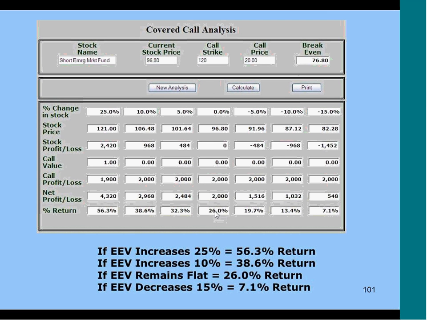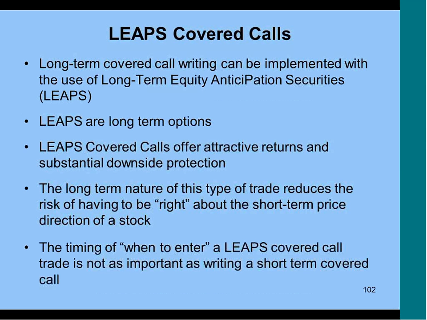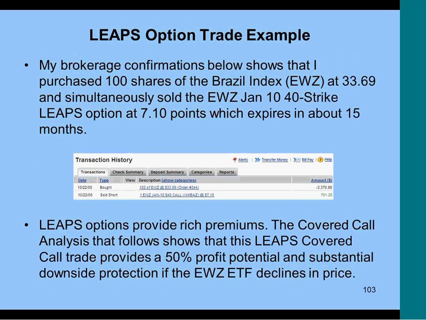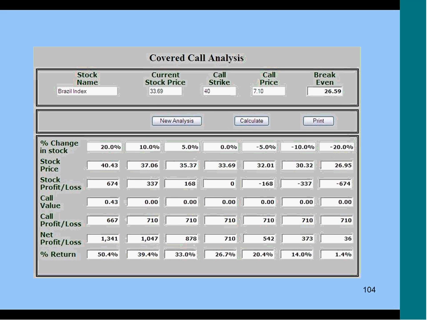And here's another example of a LEAPS covered call for the Brazil index. And I bought the Brazil index at 33.69 and sold the 40 strike call at 710 points. And this option expired in about 15 months.